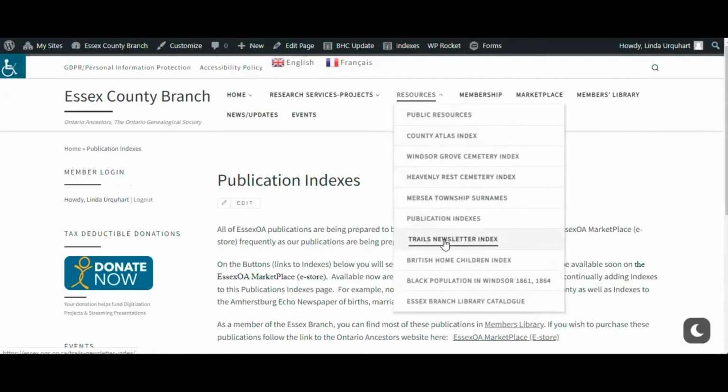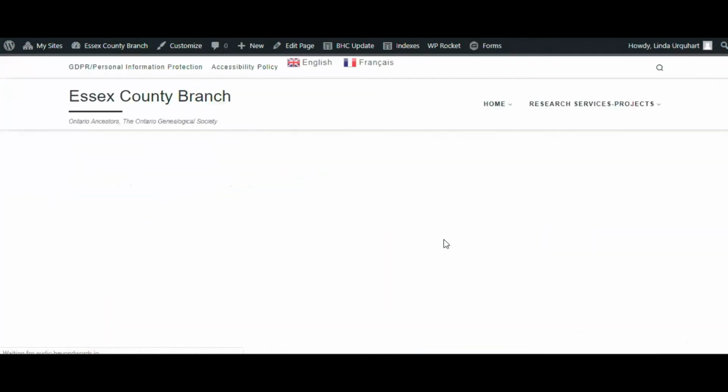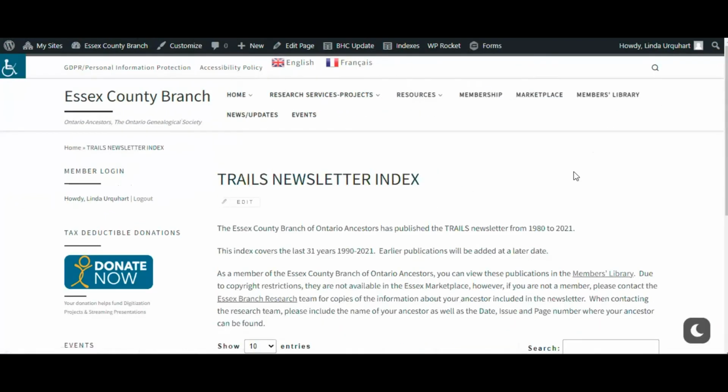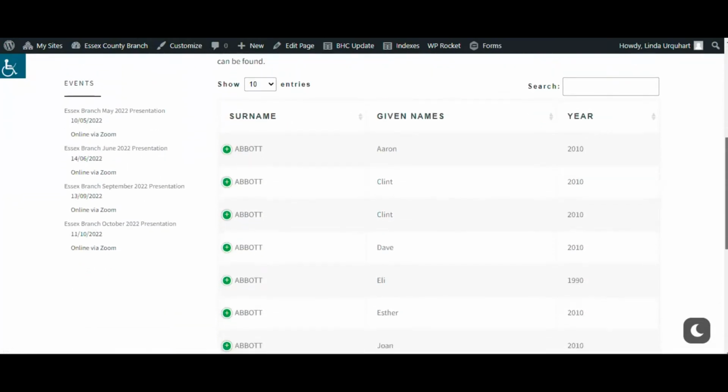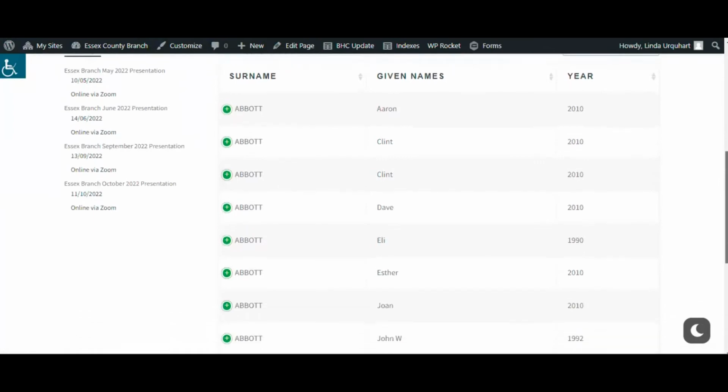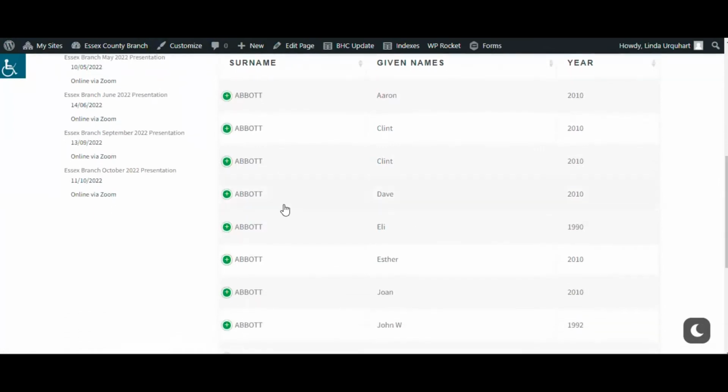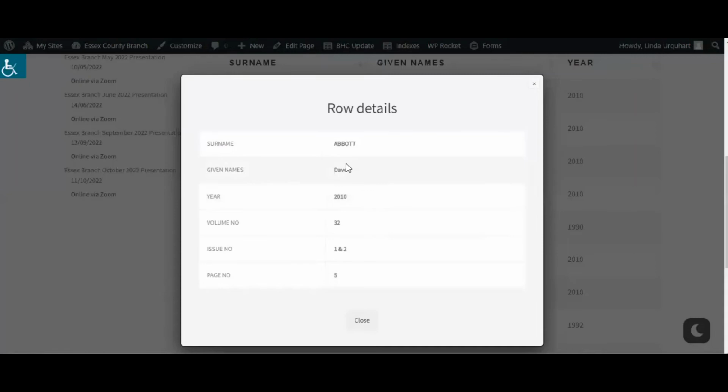The next one is the Trails Index. Trails is the newsletter, which was published by the Essex branch from 1980 to 2021. For example, if you looked at Dave Abbott, information about him is found in the 2010 publication, which is considered to be volume 32.